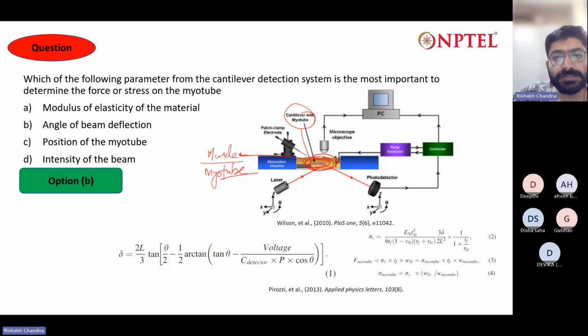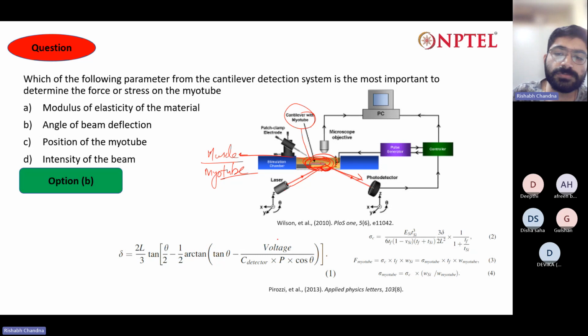Now, what will happen? This is the electrical stimulation system, because the electrodes are placed here. Now, we put a laser beam on this, and this beam will be deflected from this side. The angle of deflection will measure the force or the stress that is being generated on the myotube.